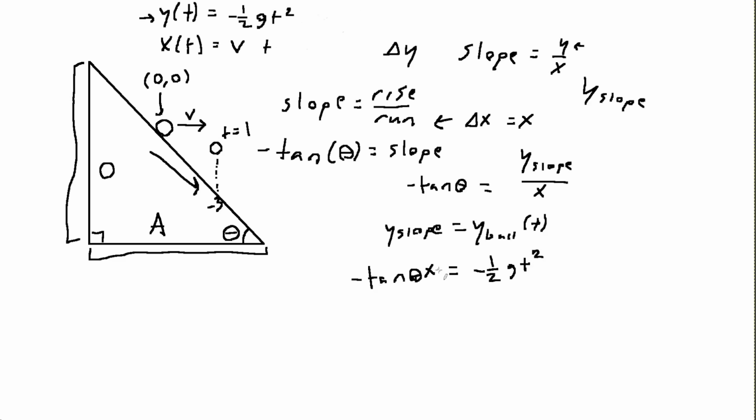Now, we have this x term here, which we want to solve for in terms of t so we can isolate it. We don't want to have an x in our equation. But remember, from up here, x of t, this is the same x from up here, x of t is equal to vt. So we can quite simply just plug that in and get negative vt tan theta equals negative 1/2 gt squared.